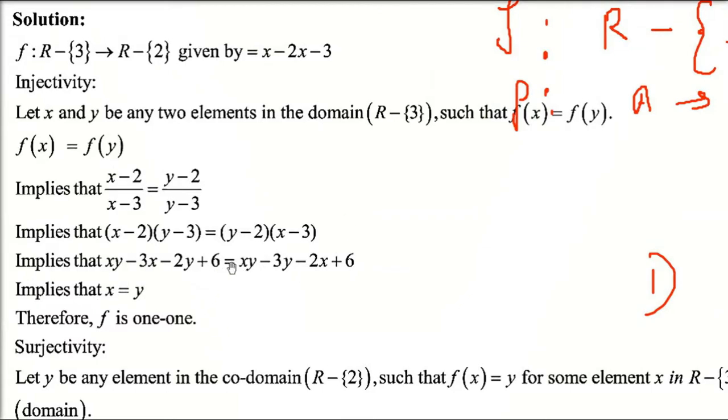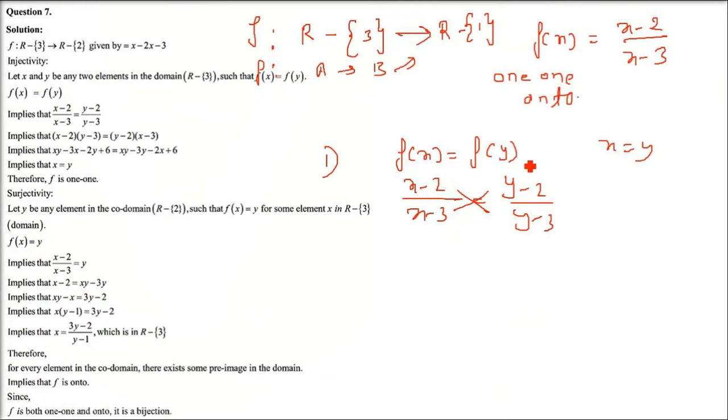So all these will be cancelled, only x and y will remain, because minus 2y and minus 3y will give you y, and negative 3x, negative 2x will give you x. So ultimately you will get x equals y when you started with f(x) equal to f(y). So this is what we wanted to prove. When f(x) equals f(y), x equals y, that is, it is 1 to 1. So we checked the injectivity or 1 to 1.